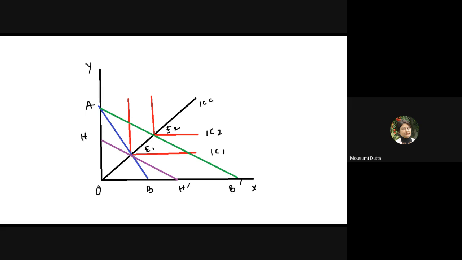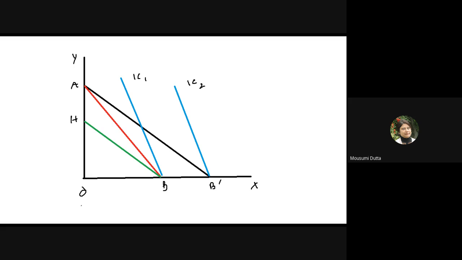Perfect substitutes. Now, if you look at figure 2, first you draw the budget line AB, and then you draw the budget line AB prime.